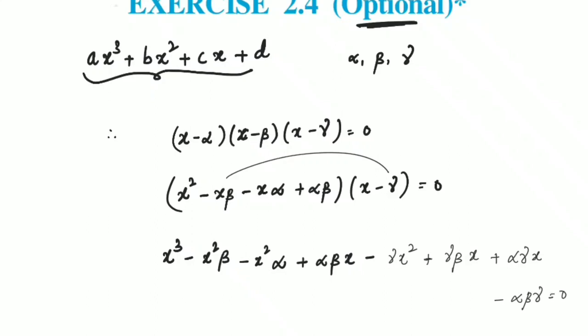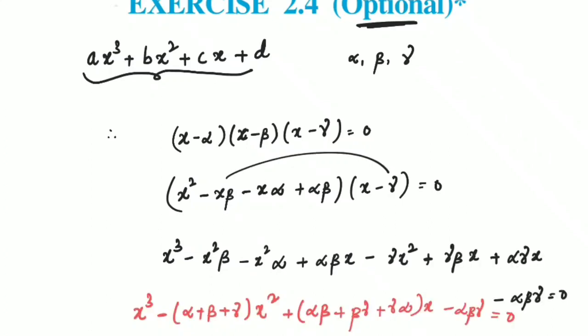Now if I take the polynomial, it looks like this: take first x cube, common minus x square. So if I take x square common, it will be alpha plus beta plus gamma, then plus alpha beta plus beta gamma plus gamma alpha into x, finally minus alpha beta gamma is equal to 0. Now you have to compare. ax cube plus bx square plus cx plus d is equal to 0.